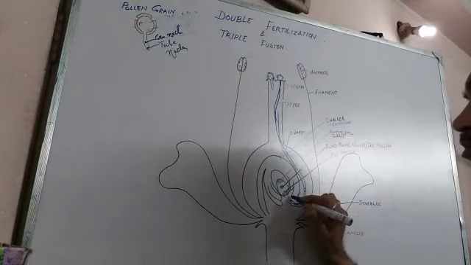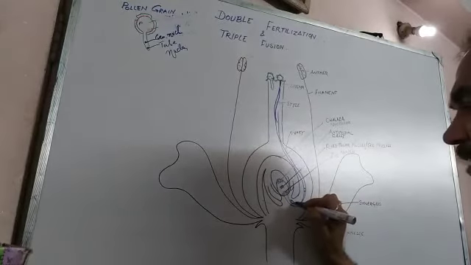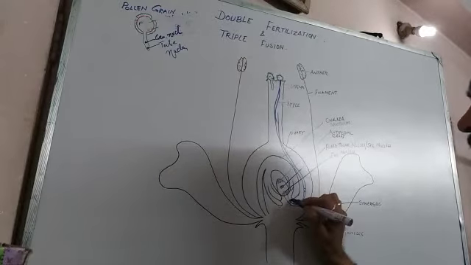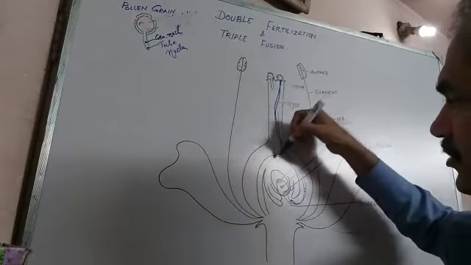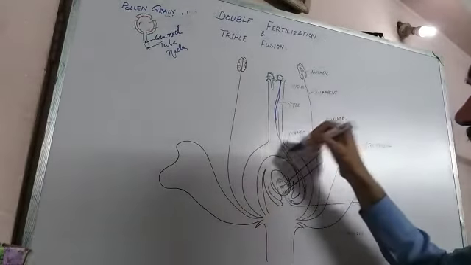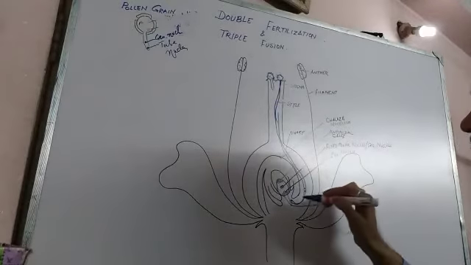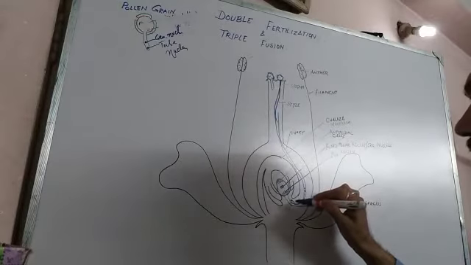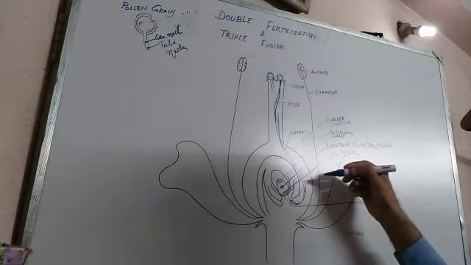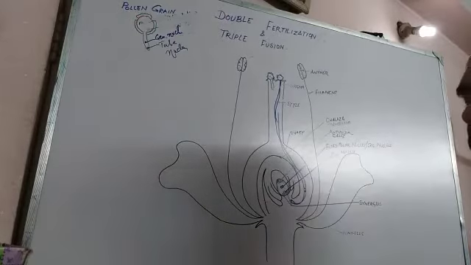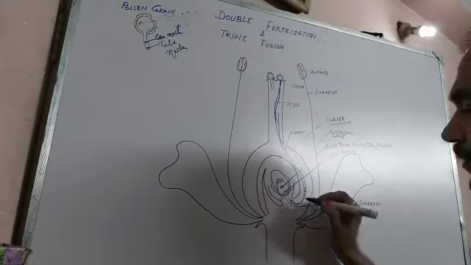It may enter through the micropyle. If it enters through the micropyle, it is known as porogamy. If it enters through the chalaza, it is known as chalazogamy. If it enters through the integument, it is known as mesogamy.